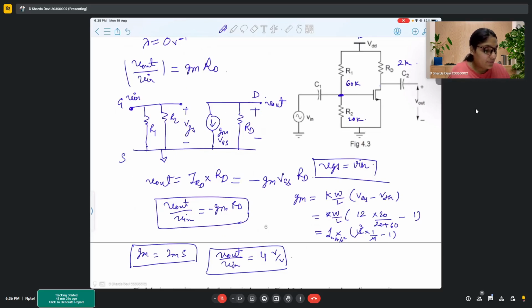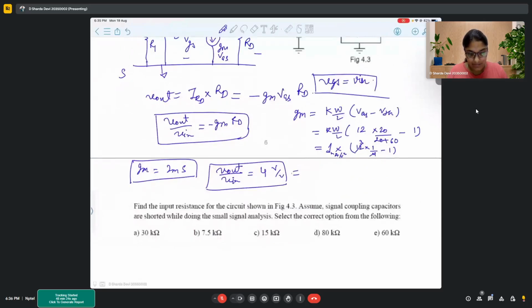And when we go for its dB gain, it is 20 log 4, so this is 12.04 dBs. Right?